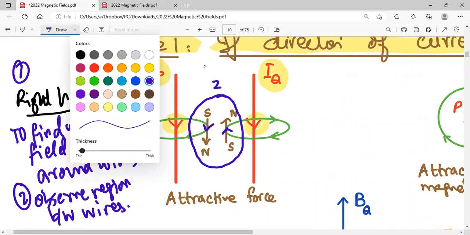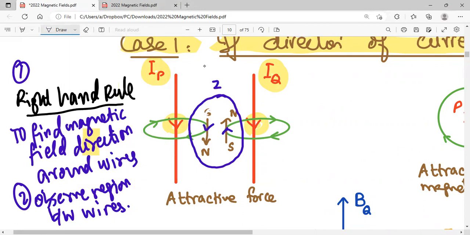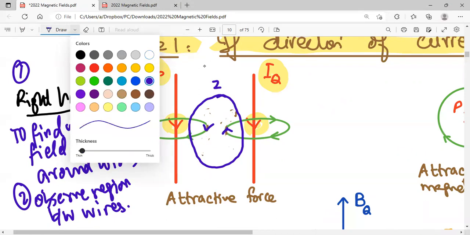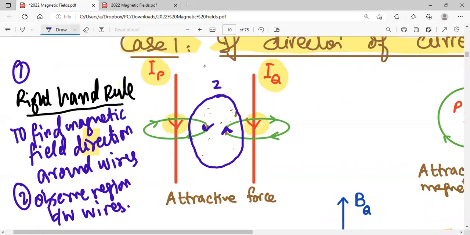It is clearly visible from here. You just ignore this at the moment. Just focus on one thing, that the direction of the magnetic field over here is opposite.